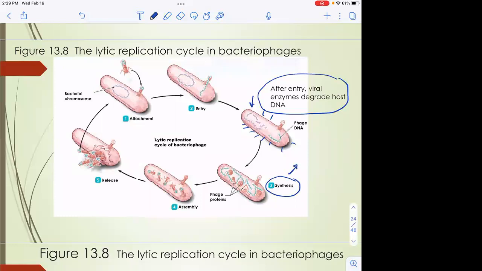It's taking over the ribosomes, and it's making more of its own proteins. And it's going to take over enzymes like DNA polymerase 3 and copy its own DNA. Okay, so synthesis of everything it needs to make new virions.